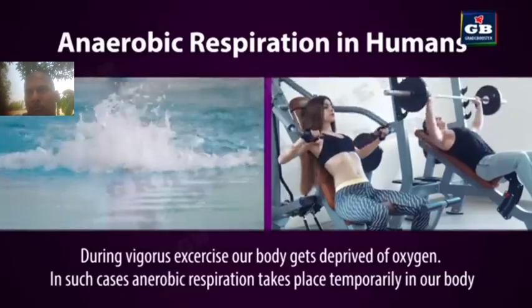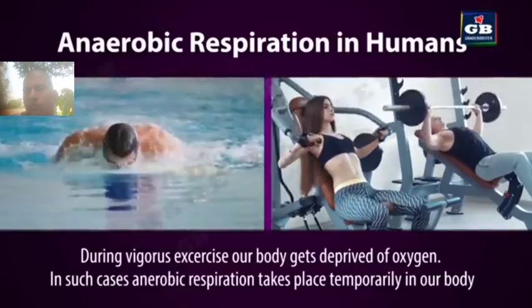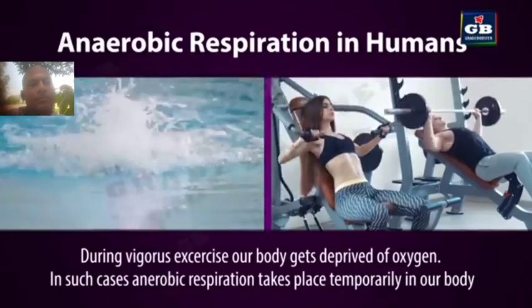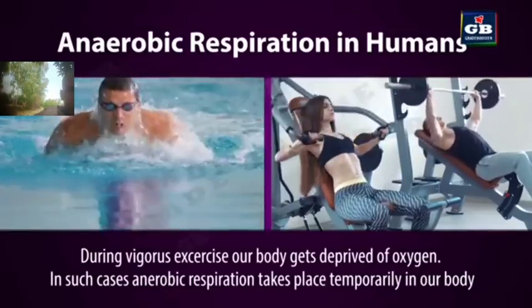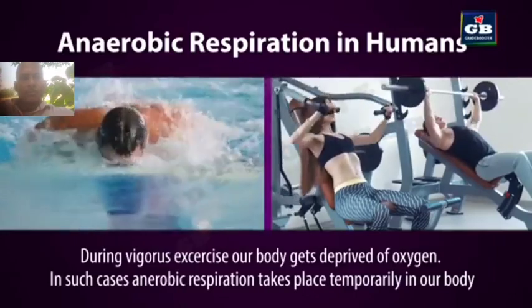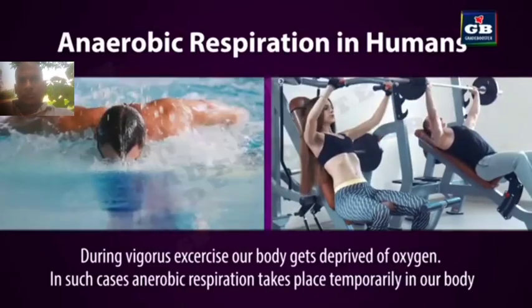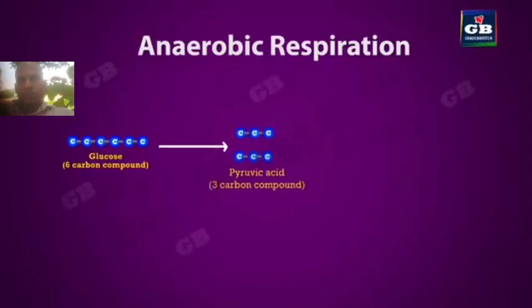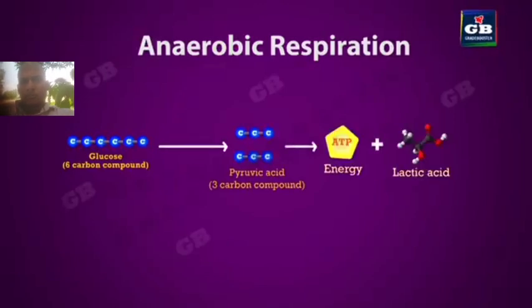Sometimes, even in our bodies, anaerobic respiration takes place. While doing vigorous exercise, the oxygen levels decrease in our muscle cells. This leads to oxygen deprivation and leads to anaerobic respiration. In anaerobic respiration, pyruvic acid molecules turn into lactic acid by releasing energy.